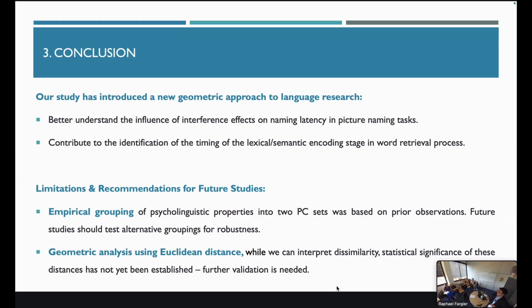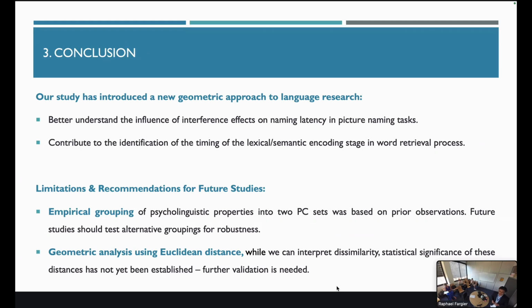However, we need to acknowledge some limitations in our research. First, the grouping of the psycholinguistic properties into principal components that I introduced before is mostly based on prior observation. So, future studies should test alternative groupings for robustness.